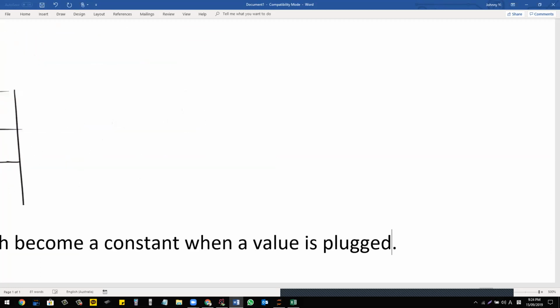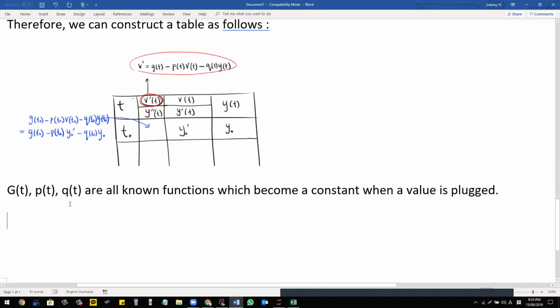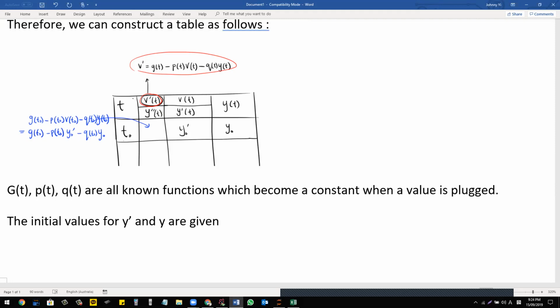I'm just using a little bit of colloquialism here. You get the idea, right? And also you can say that the initial values for v, so y dash and y, are given by y naught dash and y naught.